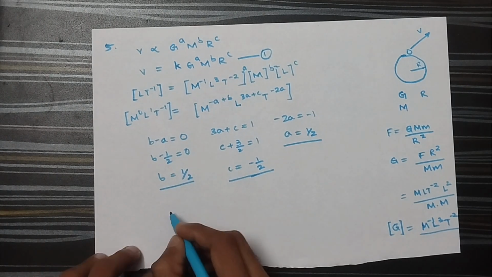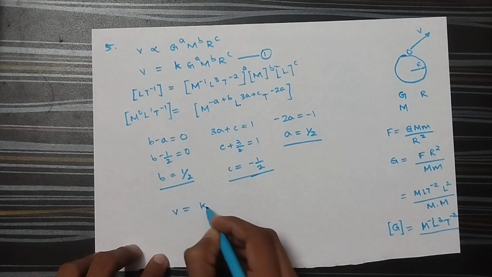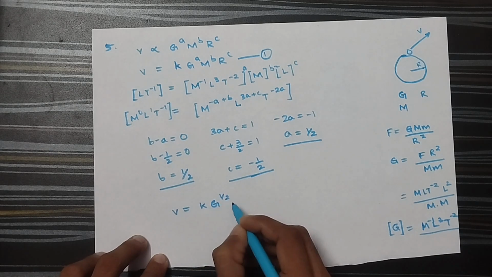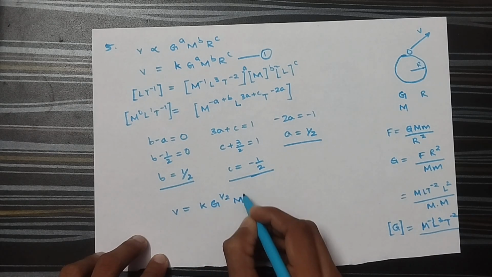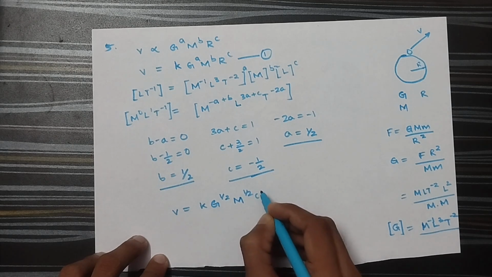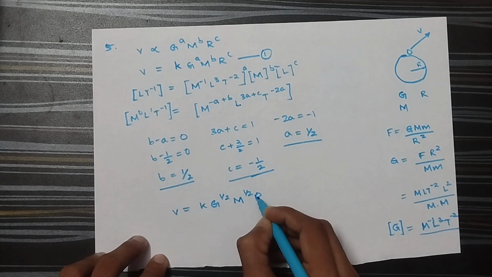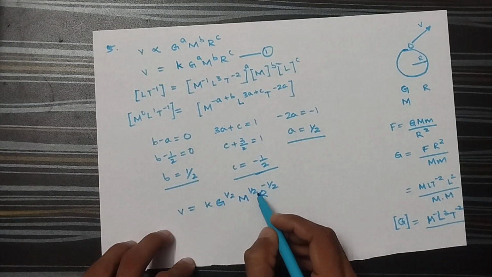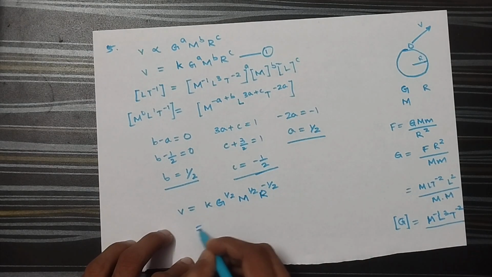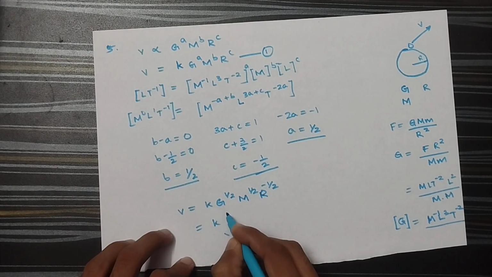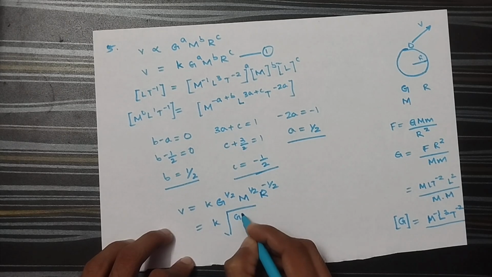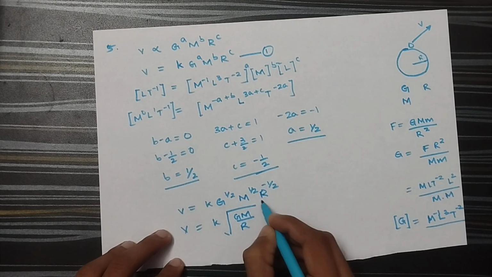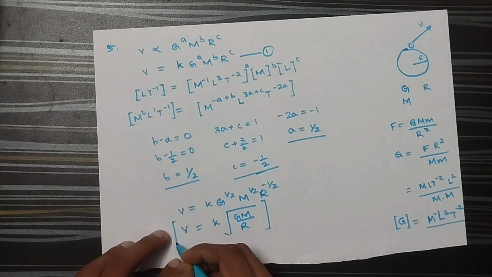Putting in this equation 1, we get v is equal to k G raised to half M raised to half r raised to negative half, right? So everything is under half, but r is in the denominator. So k root of G M by r. So this is our final equation.